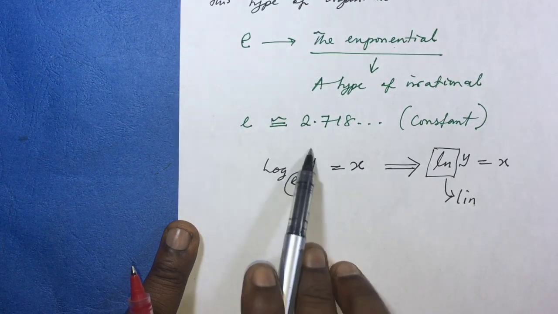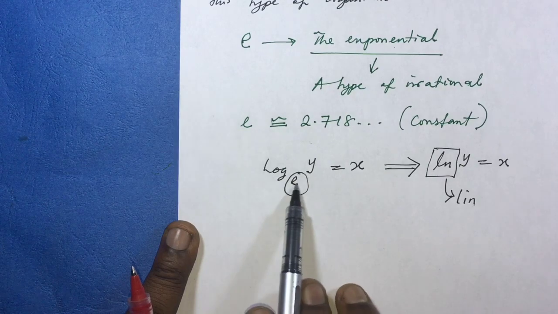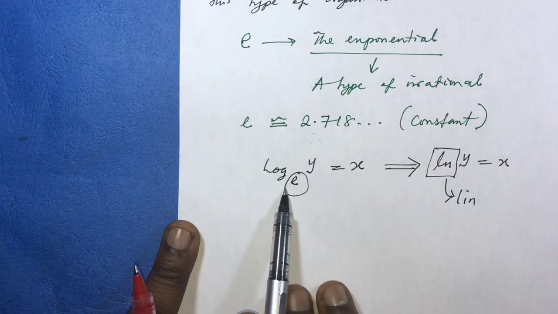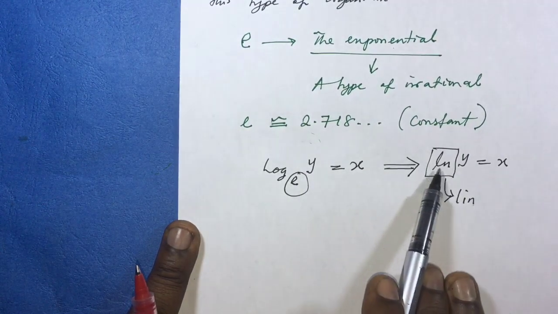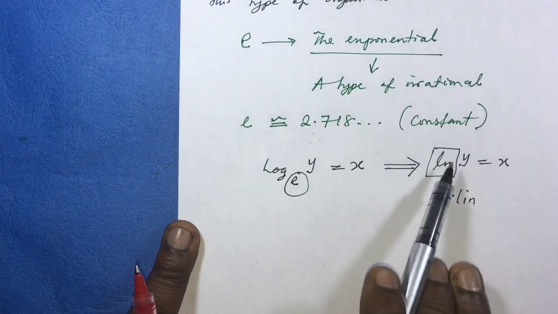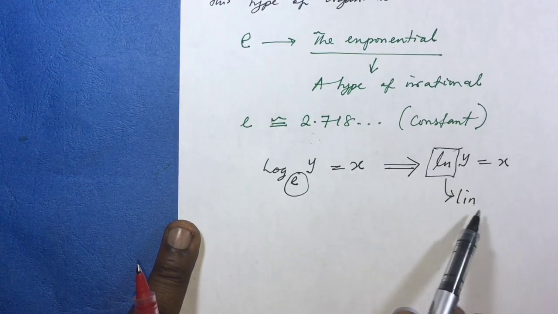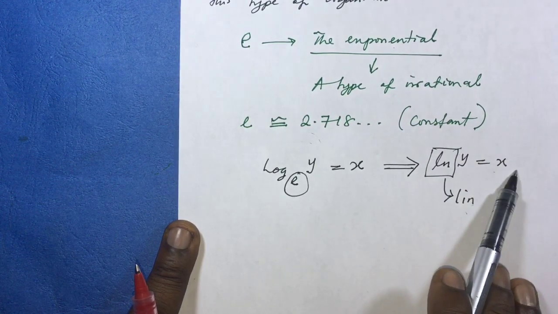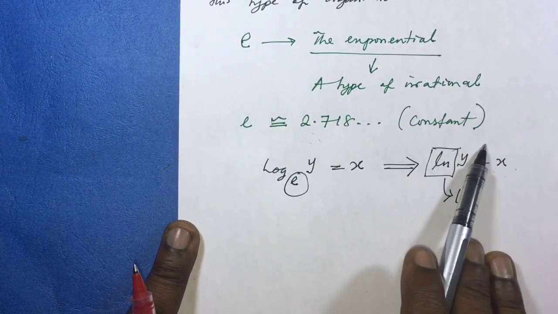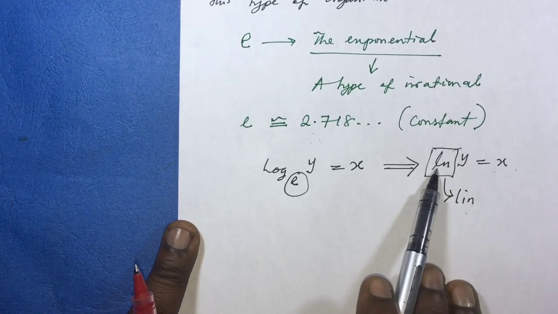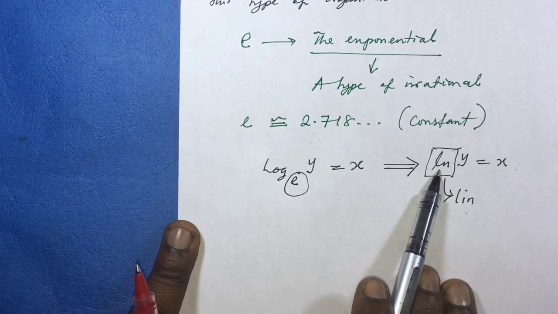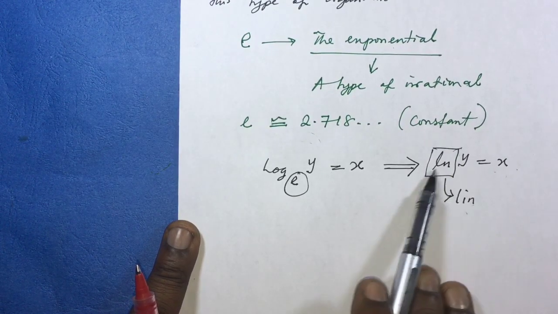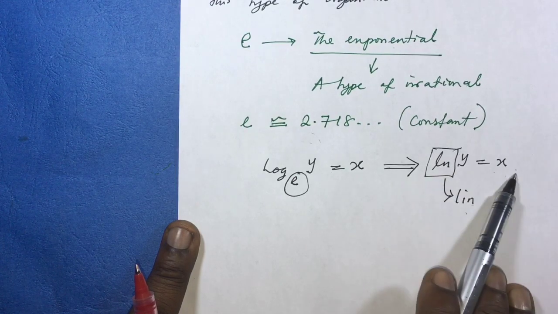So we often do not write it in this form, log y to base e equals x. We often write it as ln y equals x, where this ln is read as "ln". So if I'm to read this, it will be ln y equals x. And ln y equals x simply means I am taking the natural logarithm of y, and that natural logarithm of y is x.